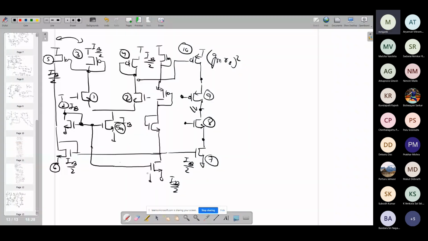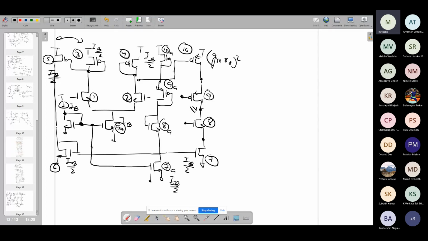Remember that where I'm not drawing the dot, there is no connection. So what will be the situation here? In this case, you are going to get the two PMOS over here. Now, if they are matched, suppose I call this 10A, this 9A, this 8A, and this 7A, these are all matched.